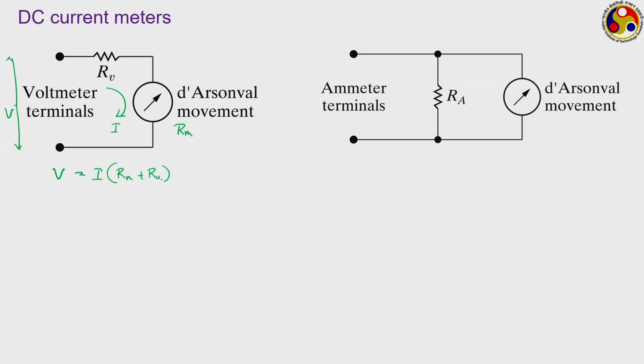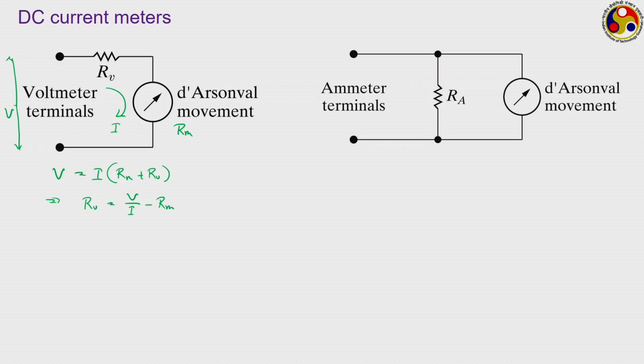This Rv is often referred to as series multiplying resistor. Therefore, Rv is equal to V upon I minus Rm. This Rm should be very high, that is the resistance of the meter should be high, so that we can avoid any significant current flowing through the meter itself.